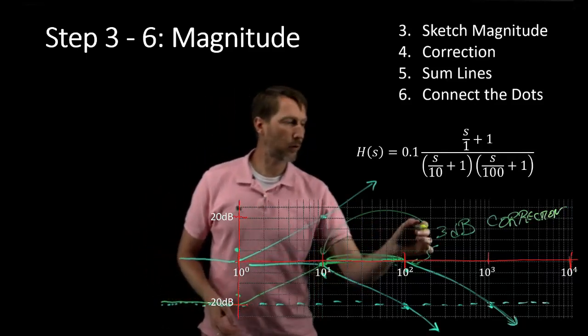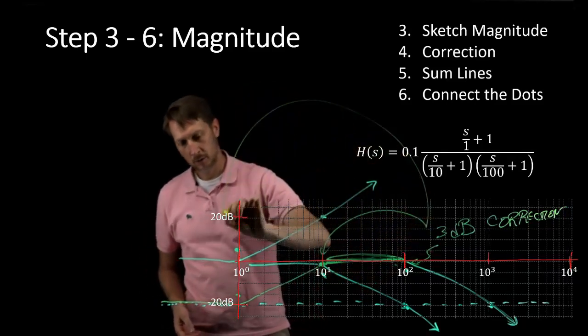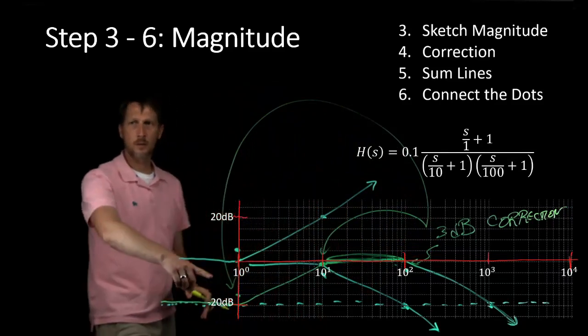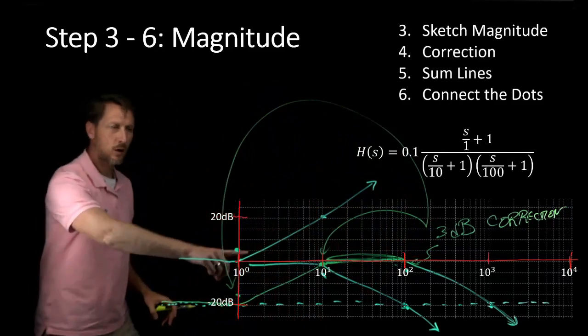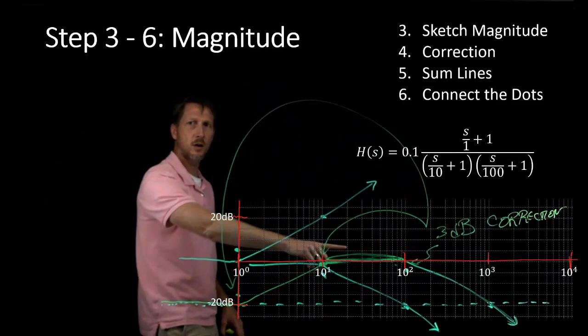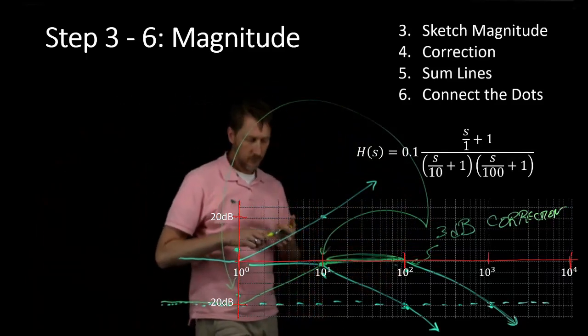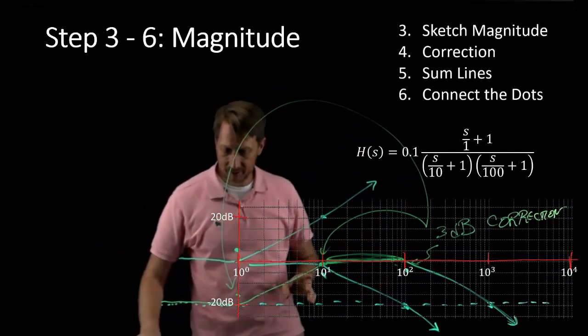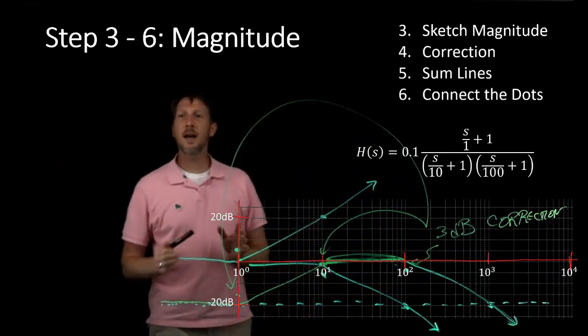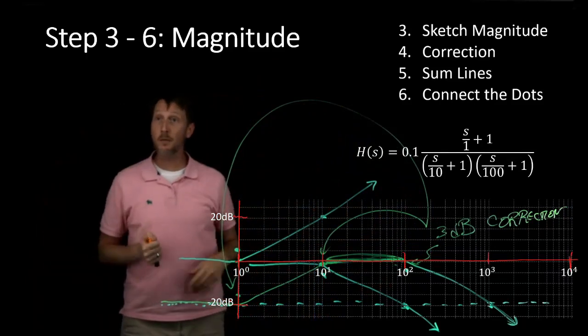And then we have one more 3 dB correction down here. So we have a 3 dB correction here, here, and right here. All right, so now we're going to sum all of these together, or we have summed all these together.